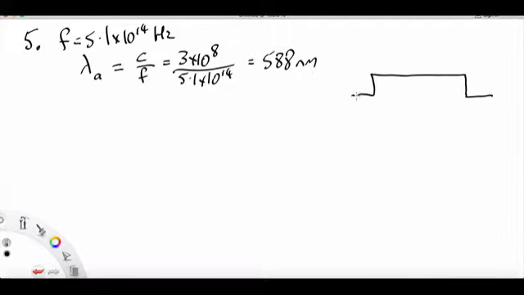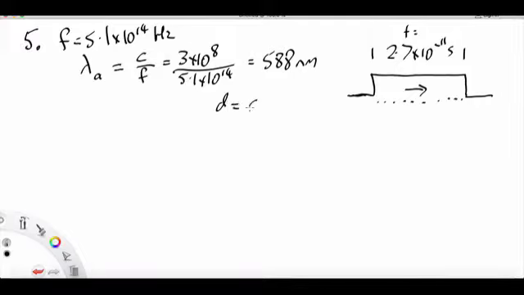Now, the pulse is going to be like this. So it is on for an interval of time, and that interval is 2.7 by 10 to the minus 11 seconds. And we want to know essentially how far the light goes in that time. So we use the equation for a constant speed.